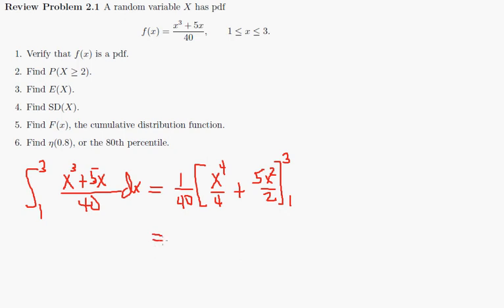And so that will be equal to 1 over 40 times 81 over 4 plus, plugging in 3 here, we get 5 times 9, which makes 45 over 2.